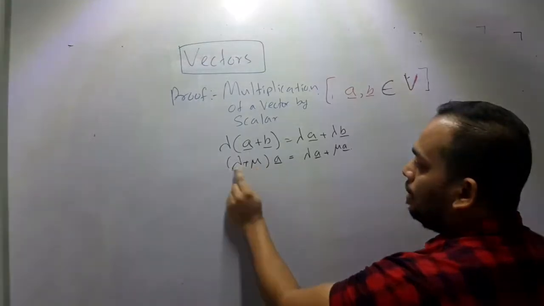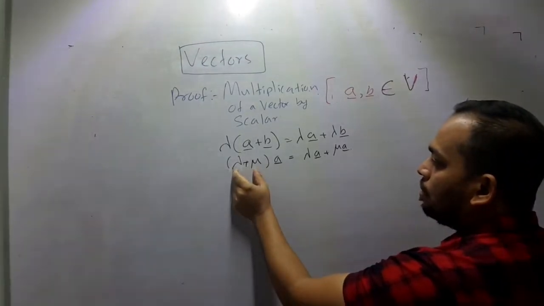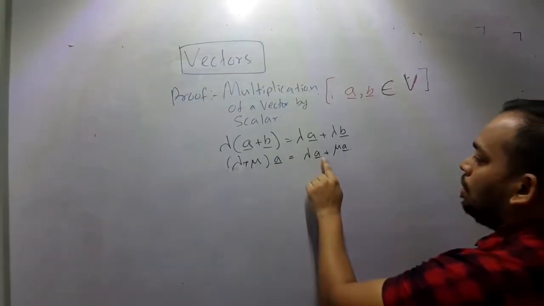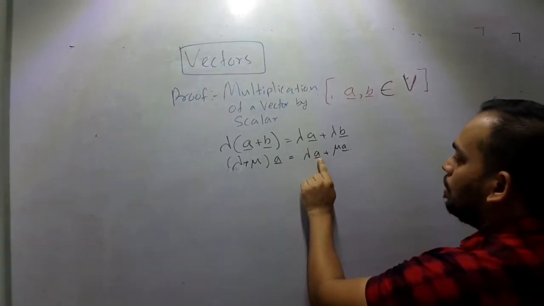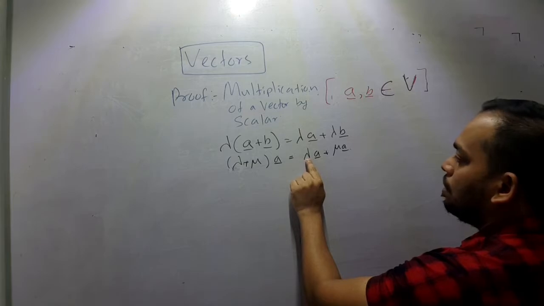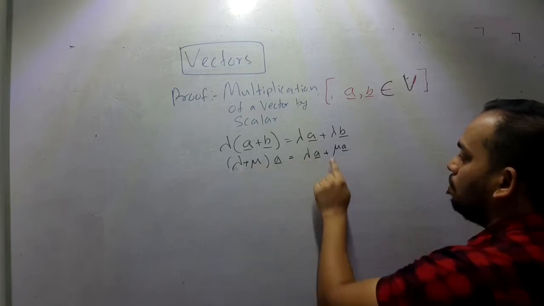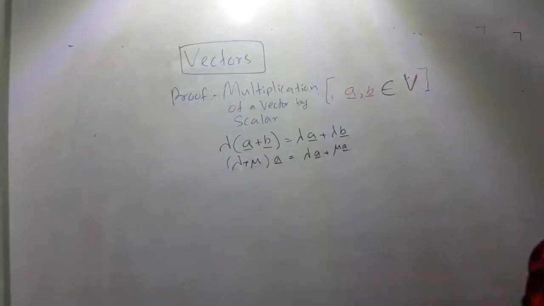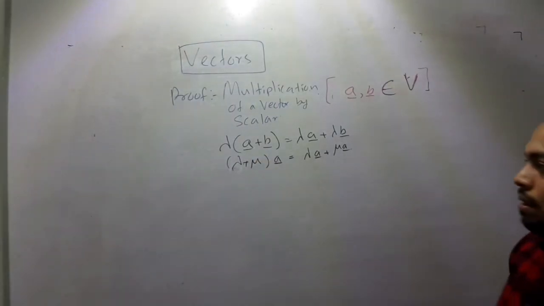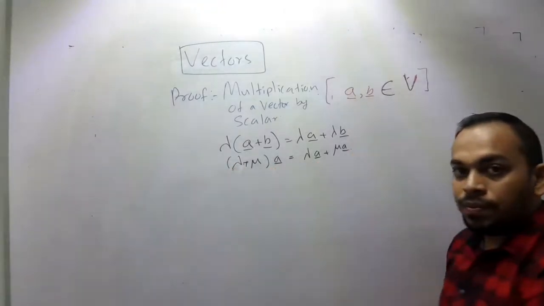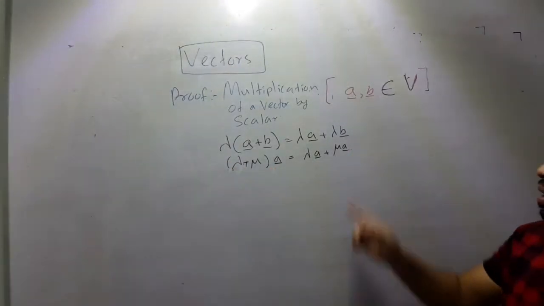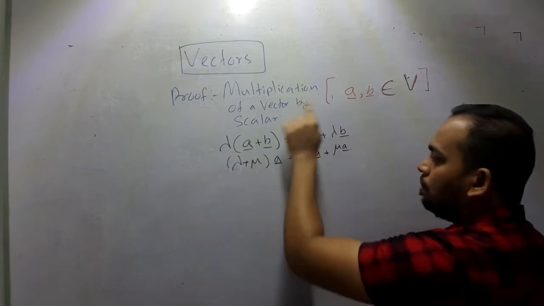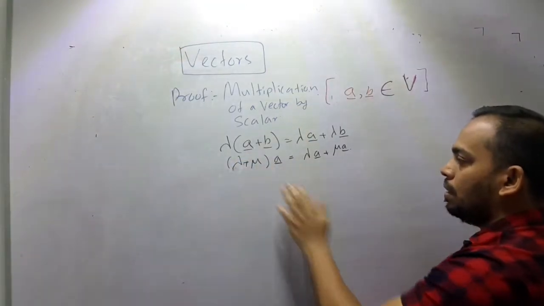And again, the addition of two scalars multiplied by a vector gives you the same vector multiplied by scalar 1 plus the same vector multiplied by the other scalar. So what does it mean? These two are equivalent, right? So now we're going to prove them one by one. First we'll try to prove this one, then we'll try to prove the next one.